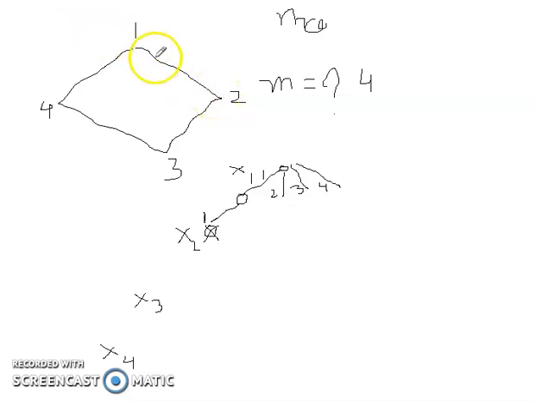Suppose this is a map and region 1 and region 2 are 2 areas that share a boundary. If I color the 2 areas with the same color, I cannot distinguish where one is starting and where the other is ending. So that is why 2 adjacent nodes cannot be given the same color. So if color 1 is given to x1, I cannot give the same color to x2.